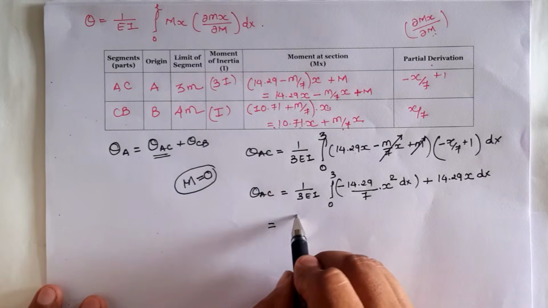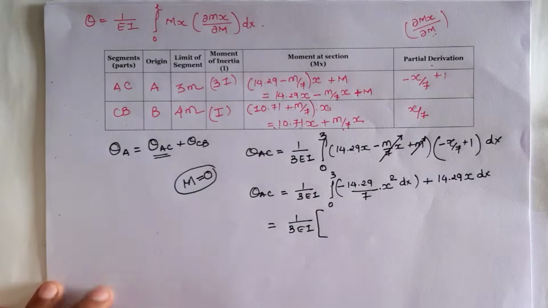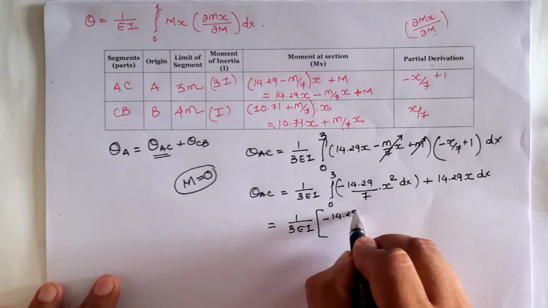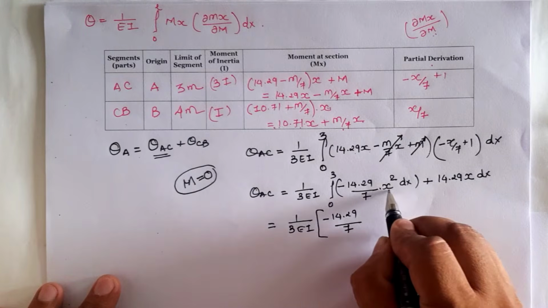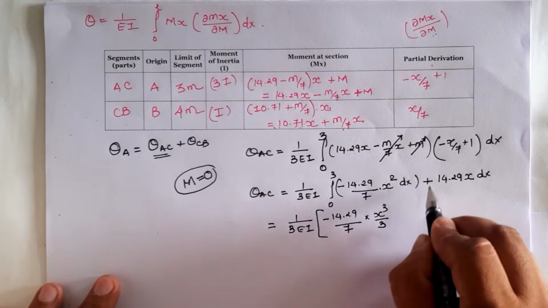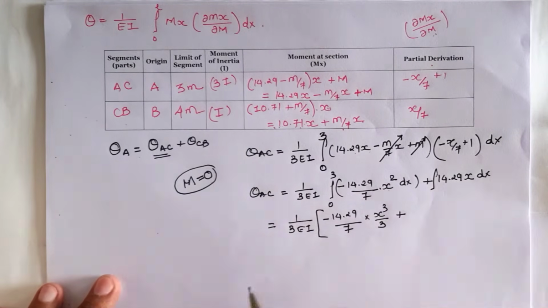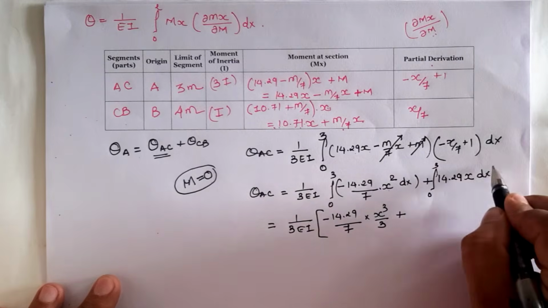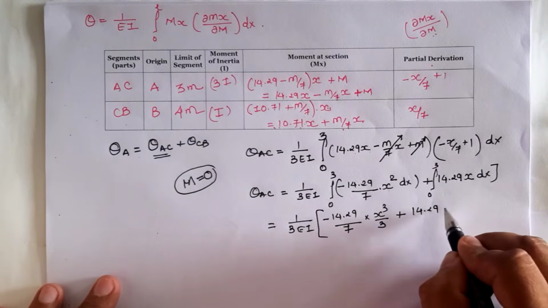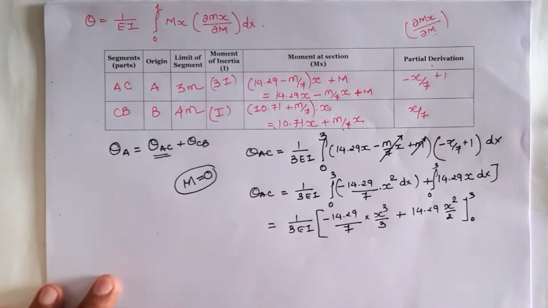Solving this equation, we have 1 by 3EI, minus 14.29 by 7 is constant, x square dx gives x cube by 3, plus 14.29x dx integrates to 14.29 x square by 2, with limits 0 to 3.